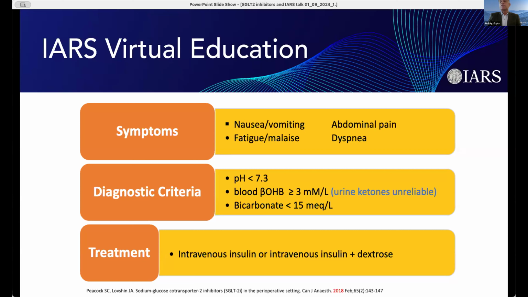One is that in DKA, the predominant ketone is beta-hydroxybutyrate and not acetoacetate. And also, there is increased reabsorption of ketones from the urine because of the action of SGLT2 inhibitors. So the gold standard is to measure blood levels rather than urine ketones. And the treatment is insulin IV or insulin plus dextrose, depending upon if it is euglycemic DKA or hyperglycemic DKA. Next slide, please.